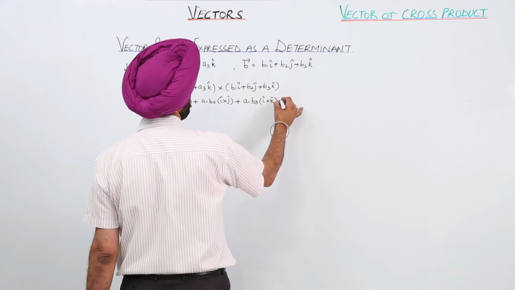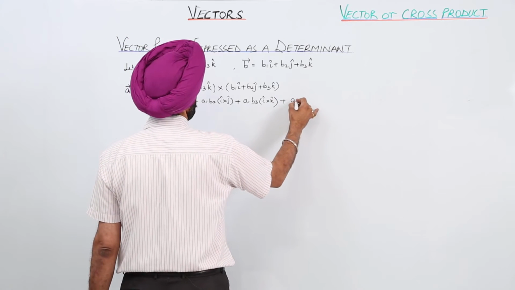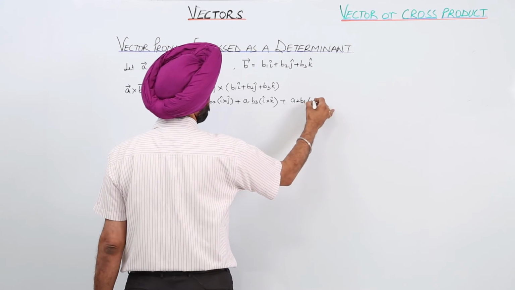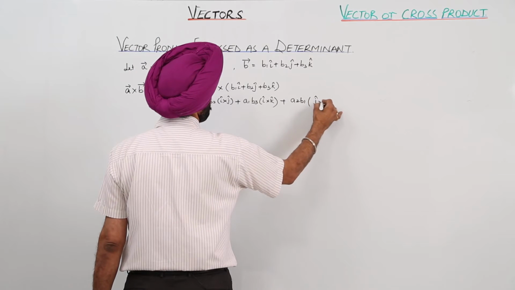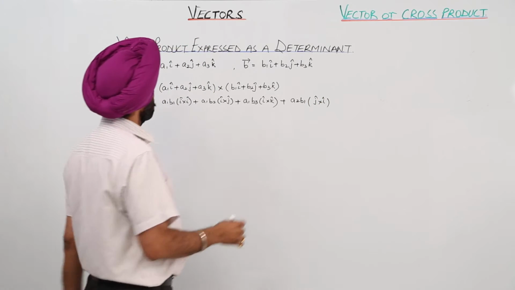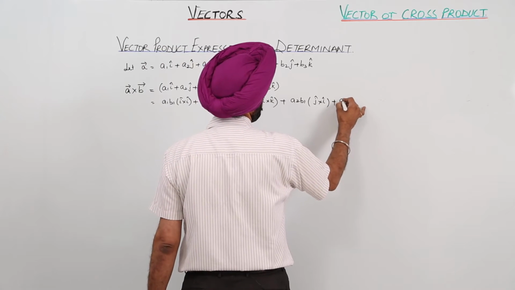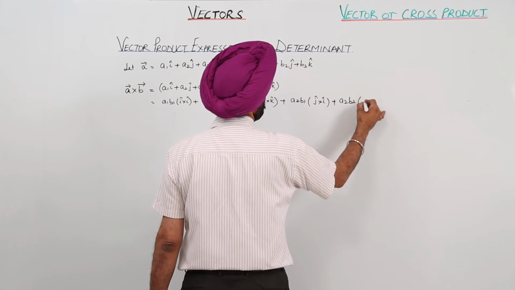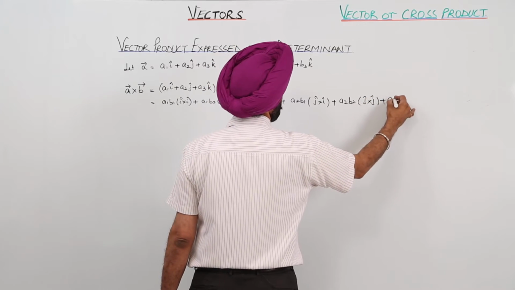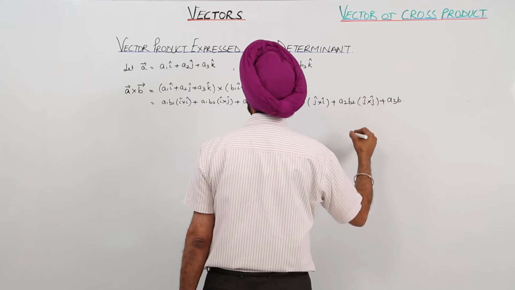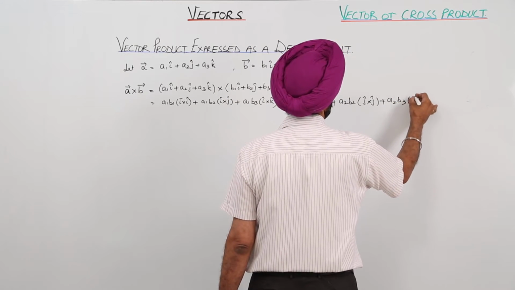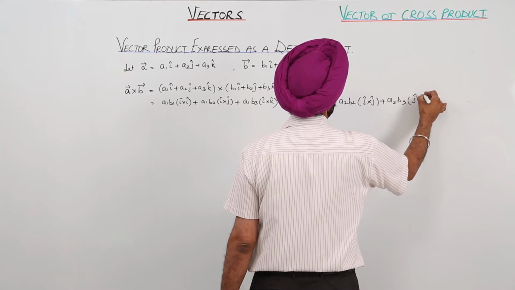Plus a2 b1 with j cap cross i cap, plus a2 b2 with j cap cross j cap, plus a2 b3 with j cap cross k cap.